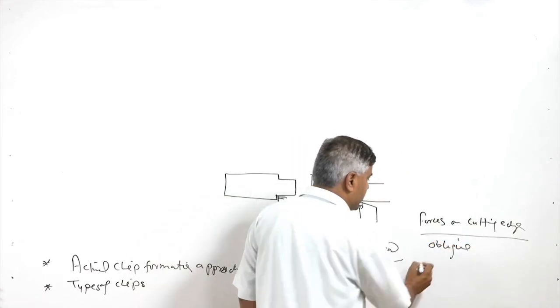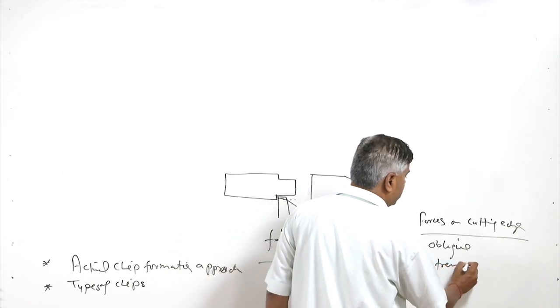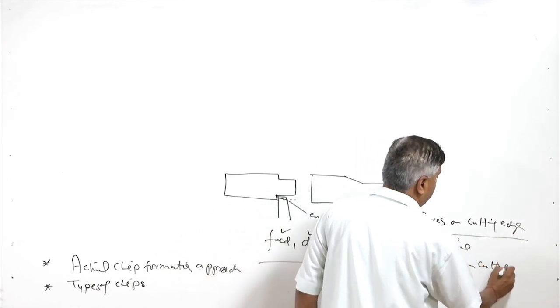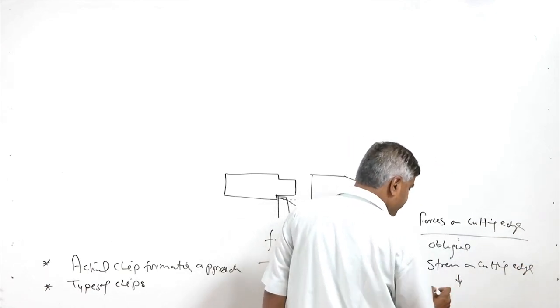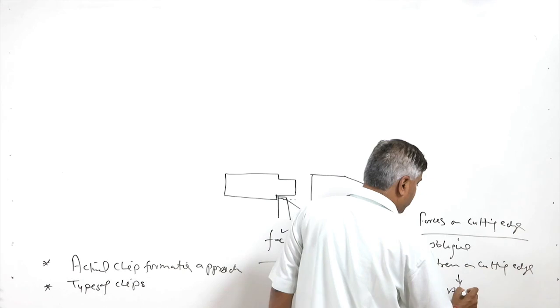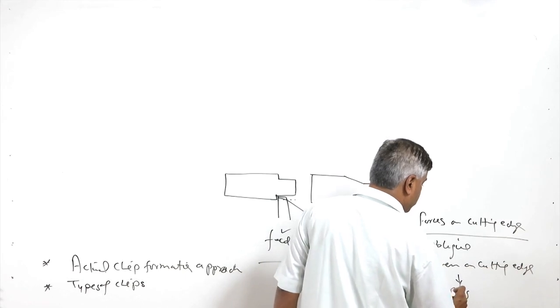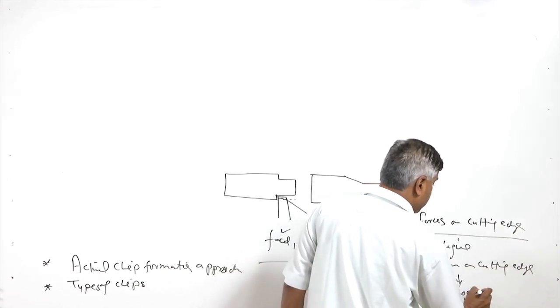So, the stress acting on the cutting edge in case of the oblique cutting is less than in the orthogonal cutting.